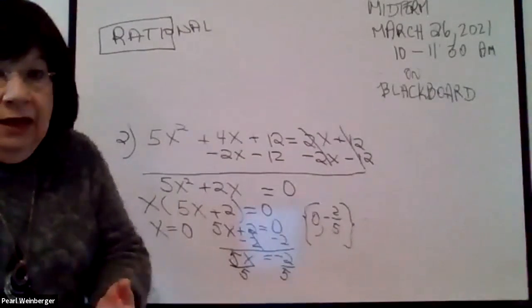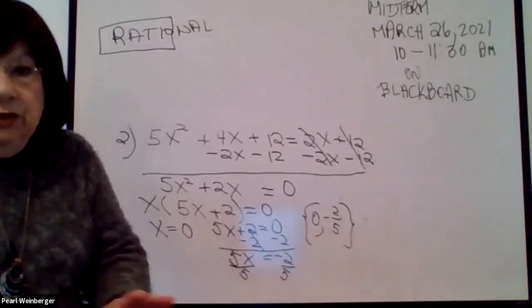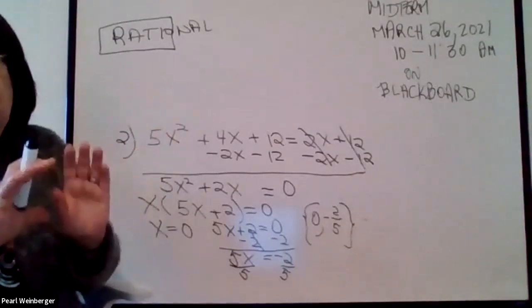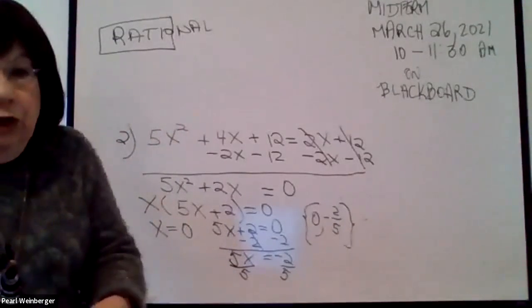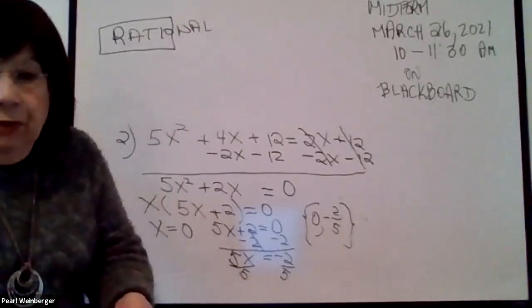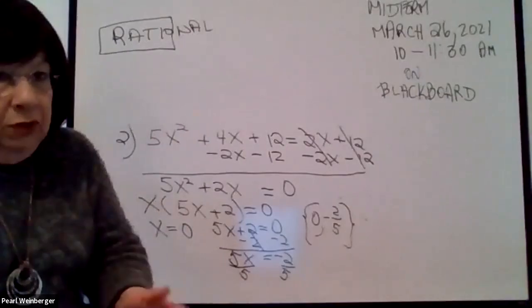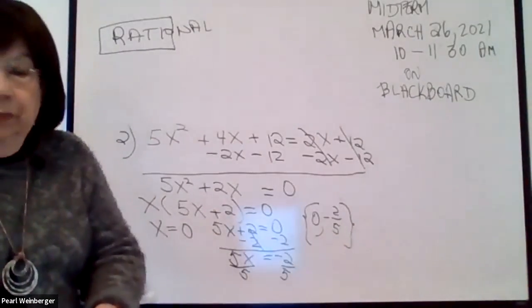I sort of led into it the other day, but I'm going to come back and do it very slowly and completely, because I know people don't like working with fractions, but it's something we have to do, and we're going to try to make it as easy as possible.